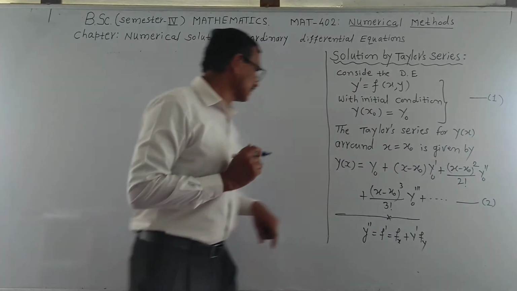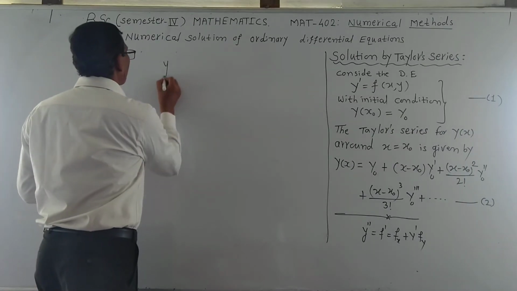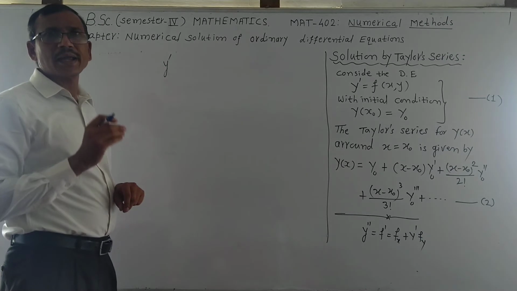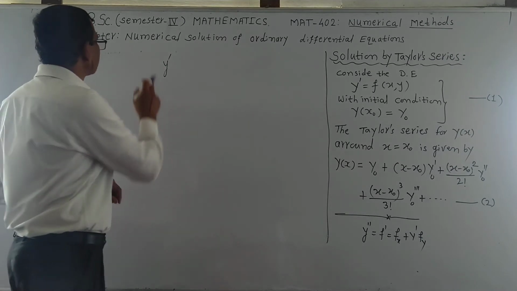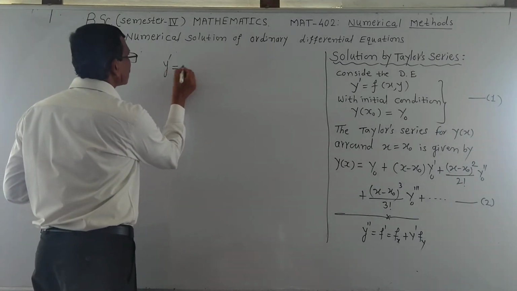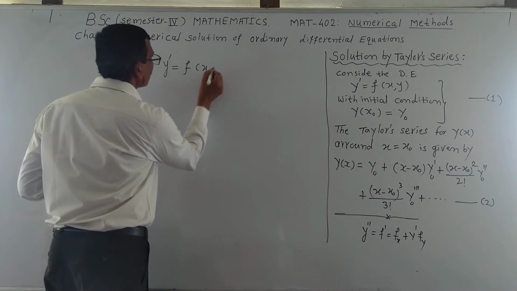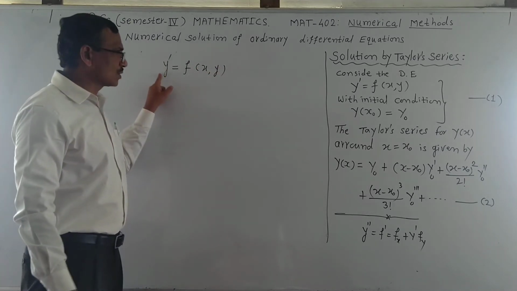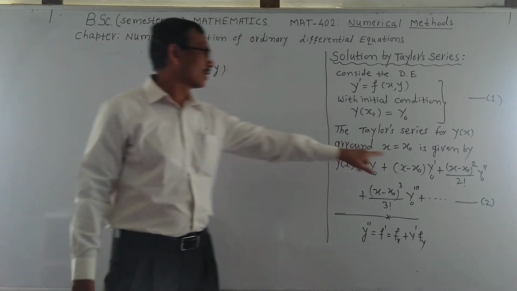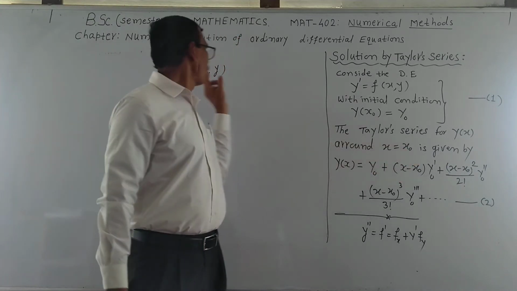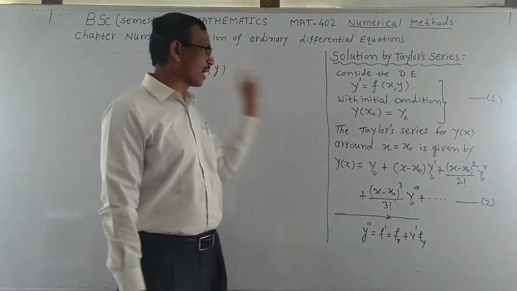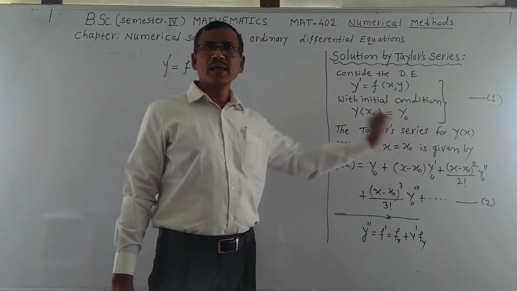Now the function is y of x and the given differential equation is y dash is equal to f of x, y. The first order derivative is known from the given equation, and then you can obtain y0 dash.